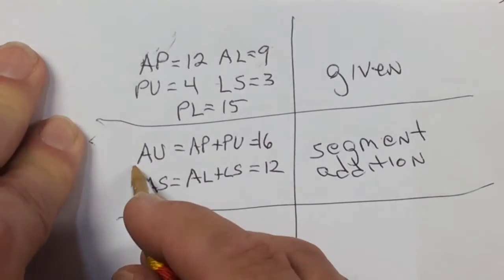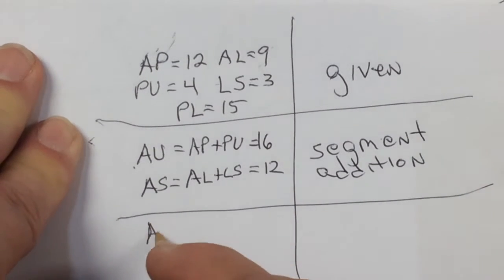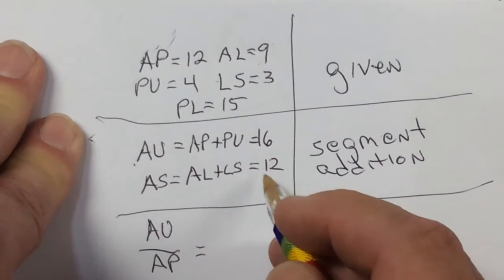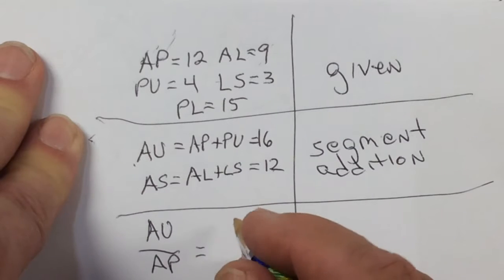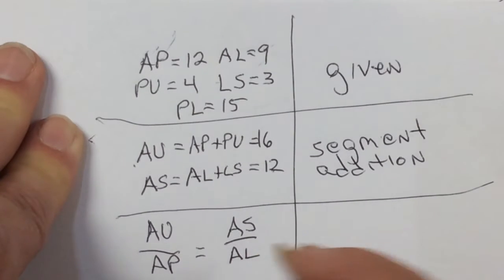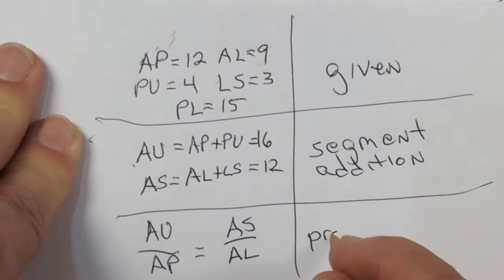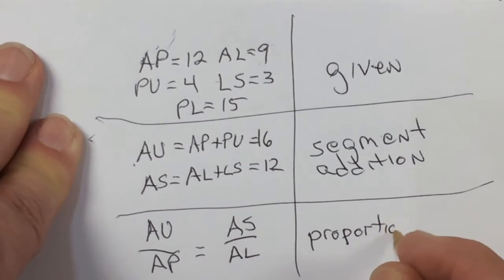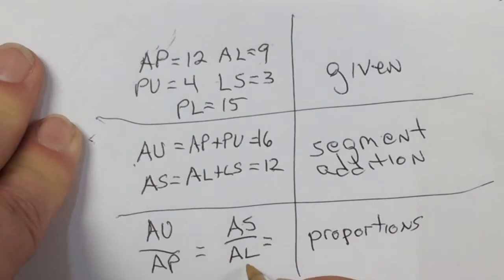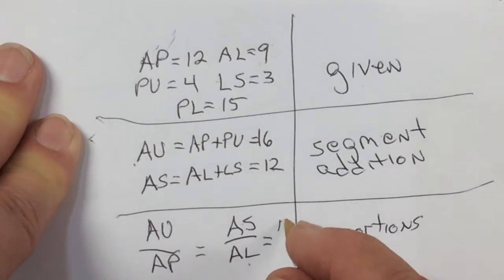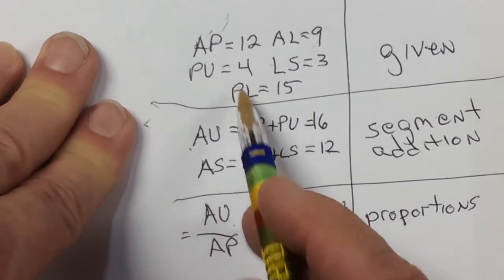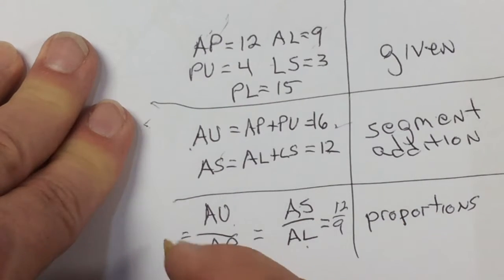Now I'm going to take the big one from here and the big one from here, AU over AP, and the little one from here and the little one from here, which is AS over AL. And I'm going to say that those proportions are equal because this is equal to 12 over 9, and this one over here is equal to 16 over 12.